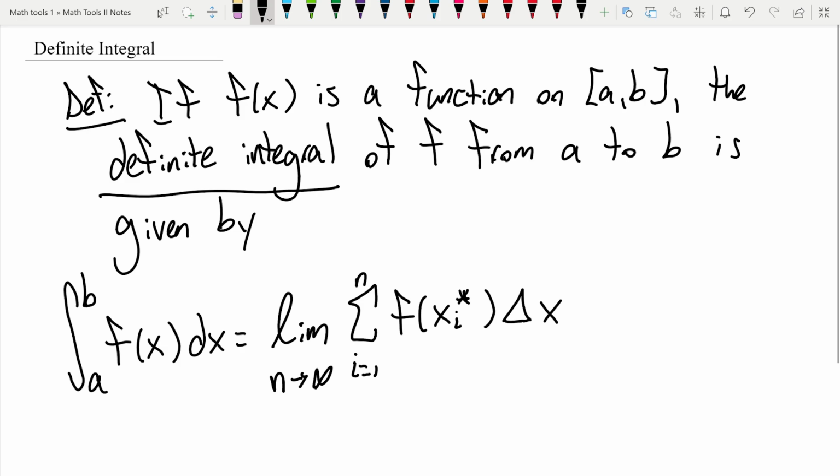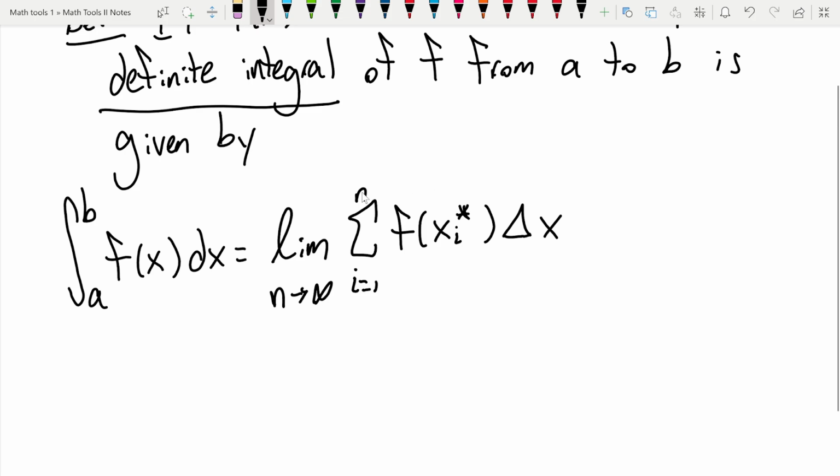Okay, so let's break down exactly what this notation is. And you might notice the Leibniz notation here, where the Leibniz notation for the derivative, the dx, is right here, right? So essentially this is the width of the rectangles, right? And this is the height.